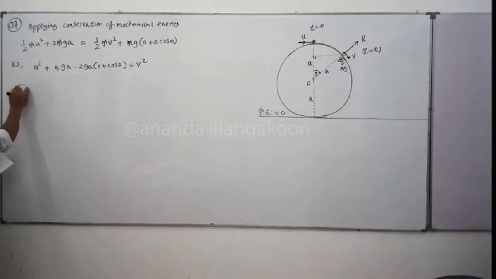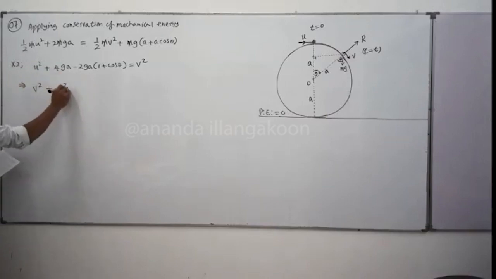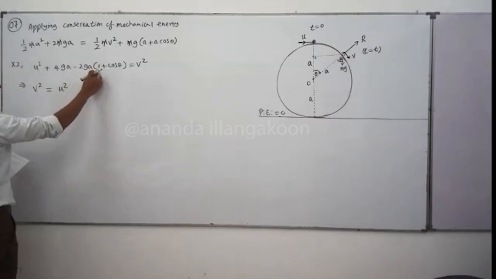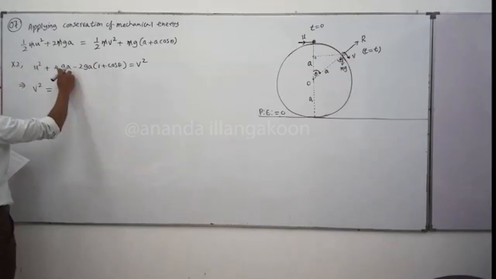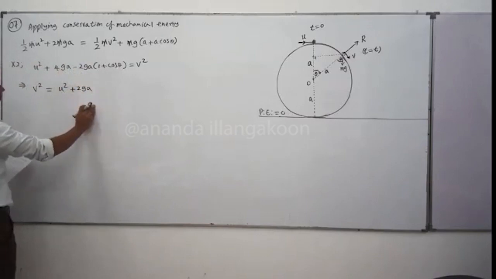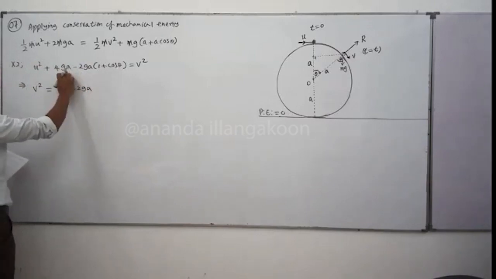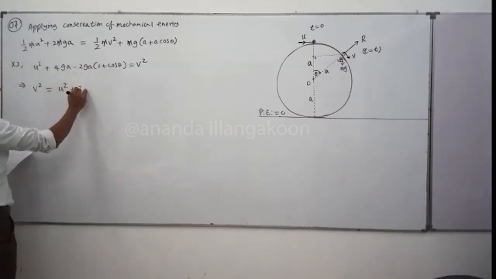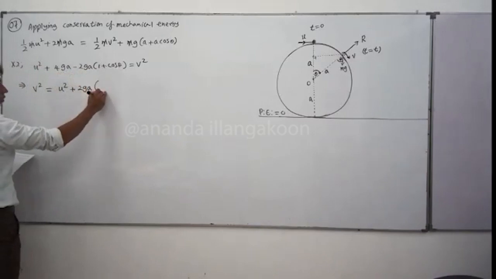Then this u first, v squared equals u squared. Here minus 2ga, when you remove the bracket, we get minus 2ga. 4ga minus 2ga is 2ga. And here 4ga, people will take this 2ga out, no? That is much easier to simplify.